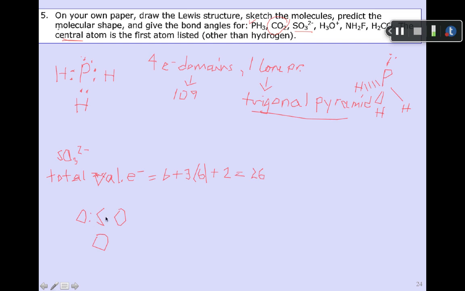So the first thing to do after you decide how to lay out the atoms and which atom must be in the middle is to make some bonds. And so we'll put in 3 sets of dots for a total of 6 electrons in those bonds, leaving us with, well, guess what, 20 electrons remaining to fill out the diagram and make it correct.